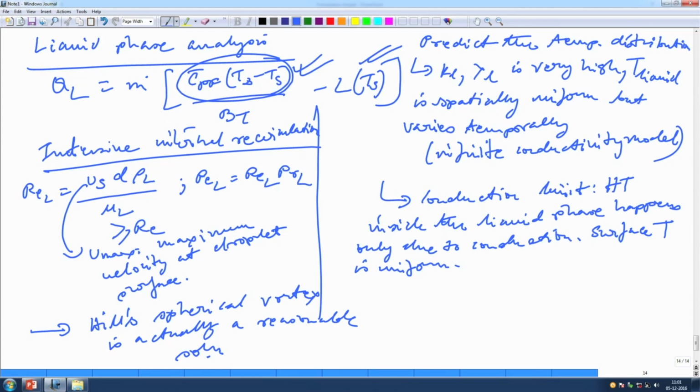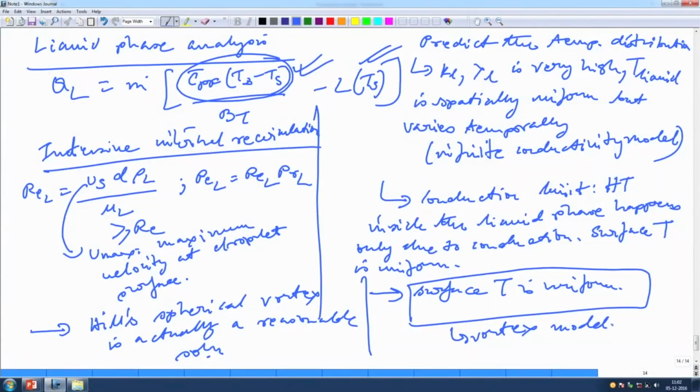And of course, we continued that the surface temperature is uniform. We said uniform, we did not say it is constant. It is only at the surface that the temperature is uniform, which means along the surface there is no temperature gradient, which would have brought Marangoni and other kinds of stresses into the picture.